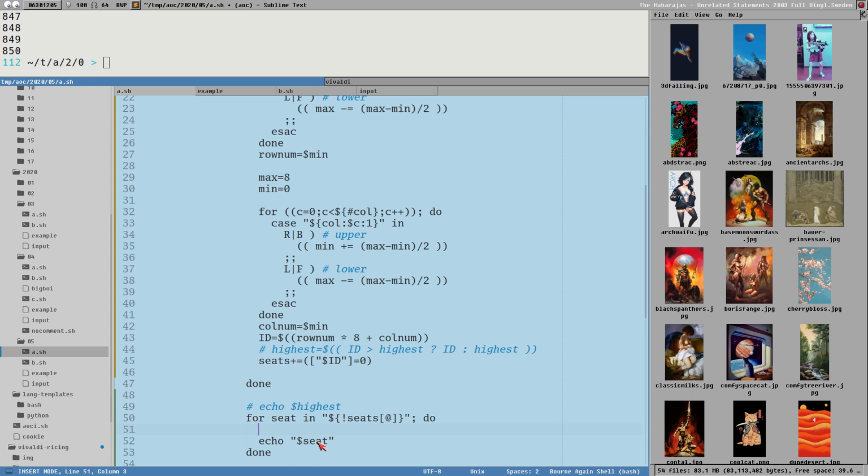So then we can just test if the seat we are looking at is not equal to the previous seat plus 1, then we have found a gap, right? Let's do that.